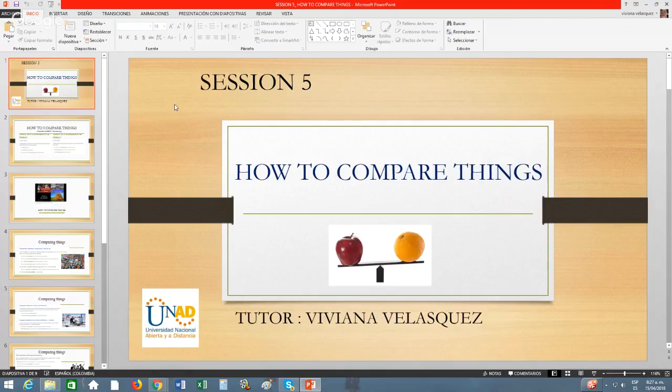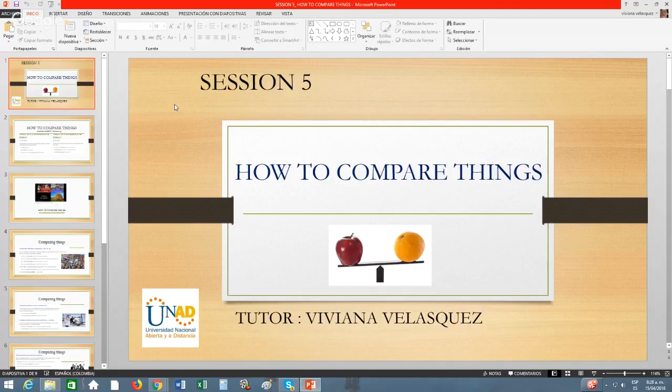In the case of abstract components, we have the smell and the taste. When you eat the fruit, you know if it is sweet or acid. Number one is sweet, for example. Number two is orange, so it will be a little acid. Okay. Bittersweet.